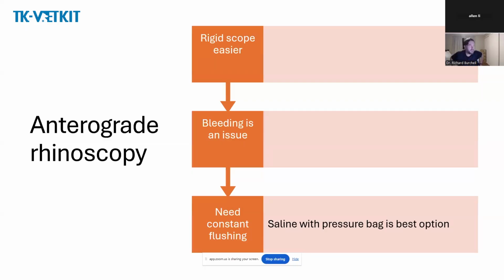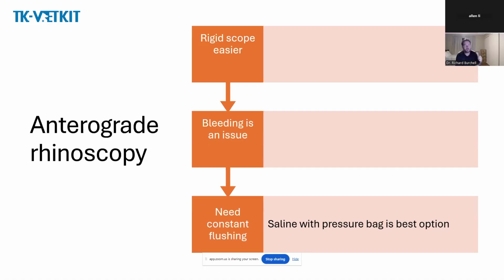Okay, so if we have a look at anterograde rhinoscopy, this is where you're using a rigid scope. So we're using a rigid stainless steel scope, and we are pushing it through the nostril into the nose, trying to get it as far back as we can. Bleeding is an issue with this. The scope is rigid.